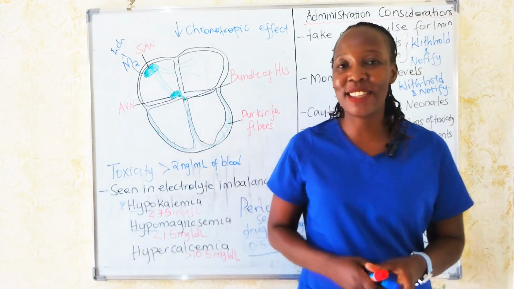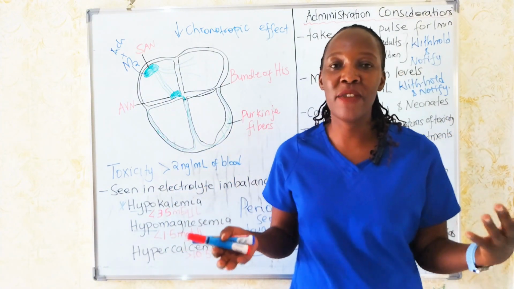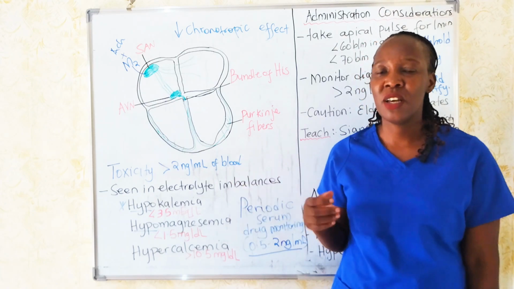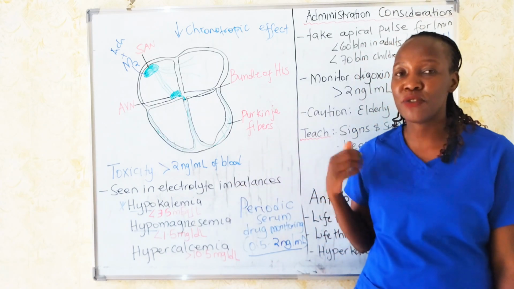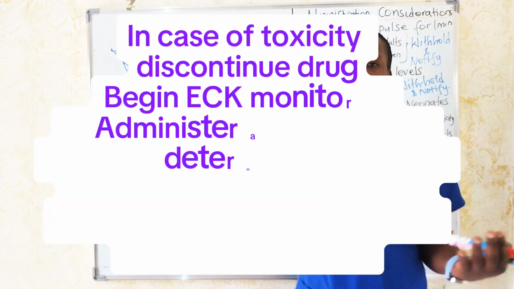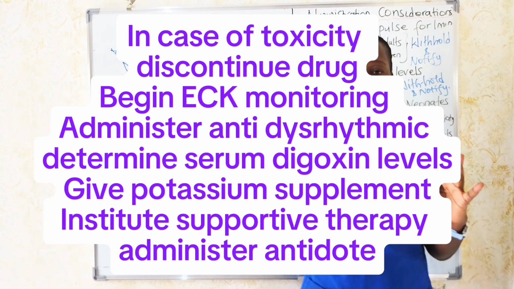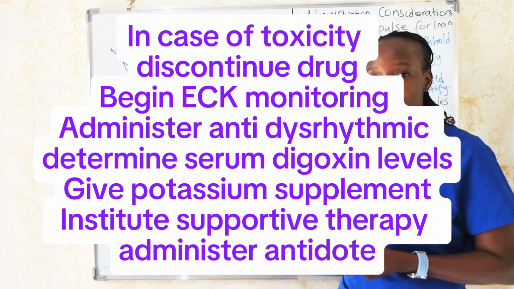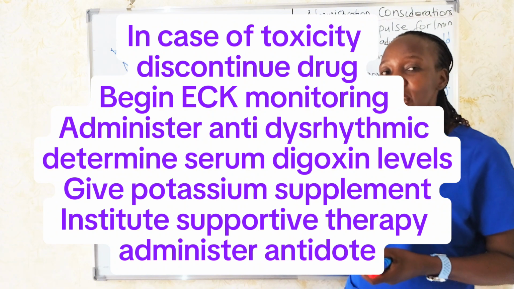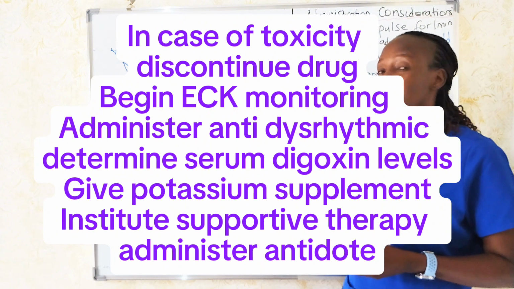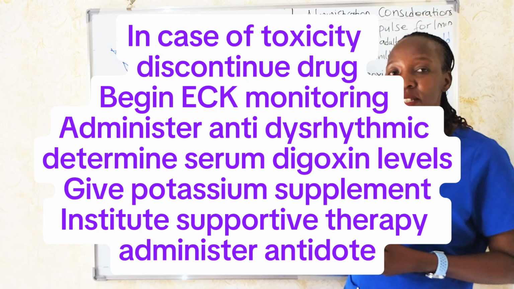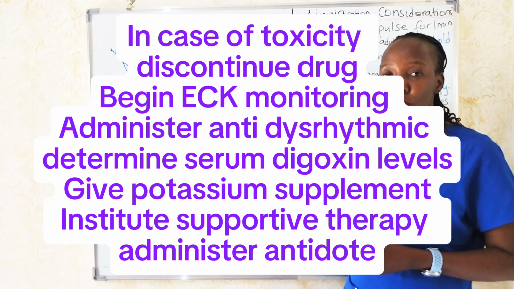However, you may also be asked in the NCLEX what steps you would take if a client was showing toxic effects of digoxin, especially the serious effects of digoxin. Of course, the first thing you're going to do is to withhold the medication, stop the medication, and then you're going to connect the patient to continuous EKG monitoring, while at the same time, if there are any antidysrhythmic drugs that have been prescribed, you're also going to put the patient on those antidysrhythmic drugs.